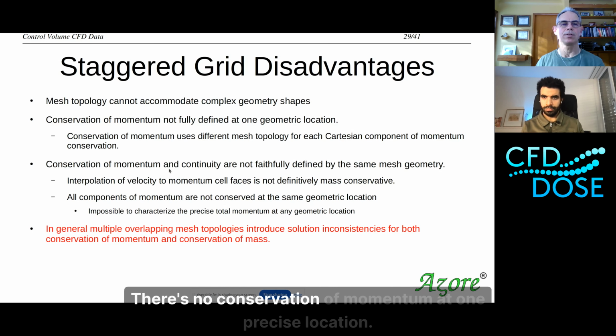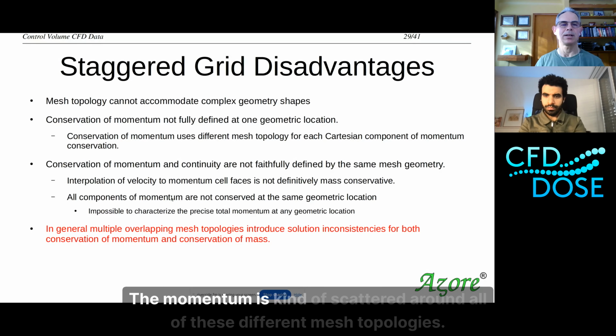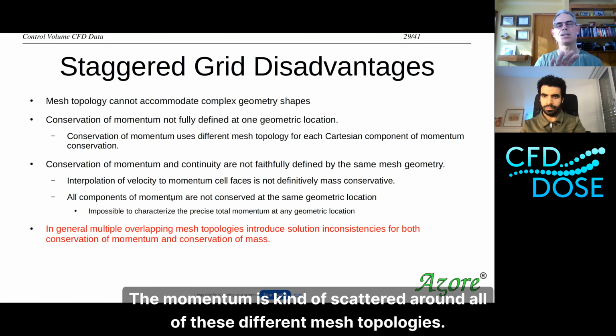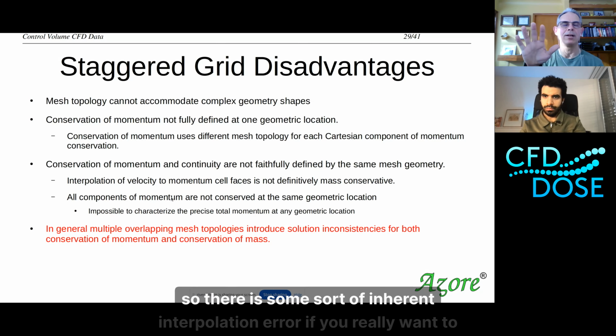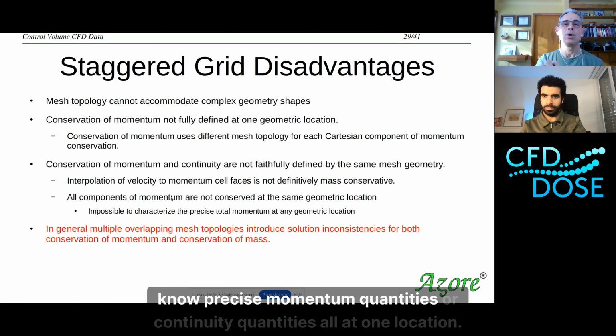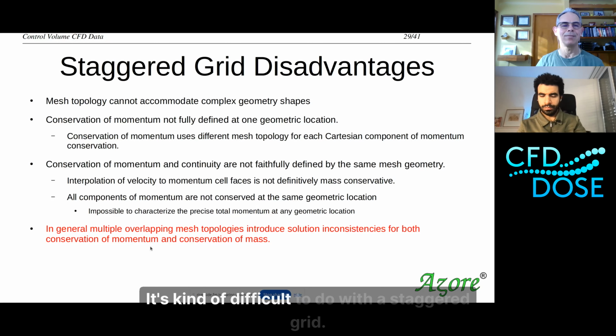There's no conservation of momentum at one precise location. The momentum is kind of scattered around all of these different mesh topologies, and so there is some sort of inherent interpolation error if you really want to know precise momentum quantities or continuity quantities all at one location. It's kind of difficult to do with a staggered grid.